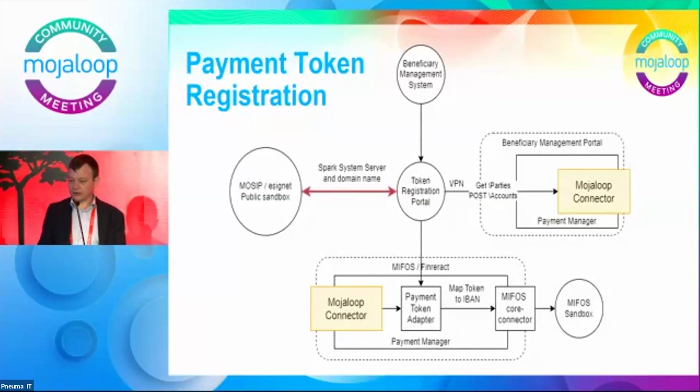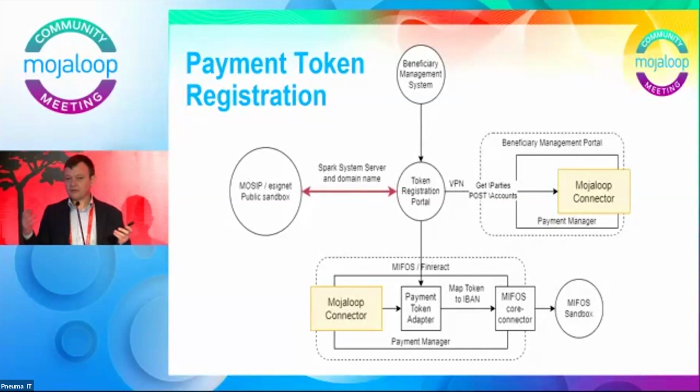It is triggered from the beneficiary management system from above, and then it makes a discovery call into Mojaloop through a payment manager connection to validate that account information and get the name of the person provided. And then it generates a token, and it does token registration by calling the post accounts that registers the alias token inside Mojaloop, and then it calls back and registers the token in the payment token adapter. Now, let me explain the payment token adapter and the thinking behind that.